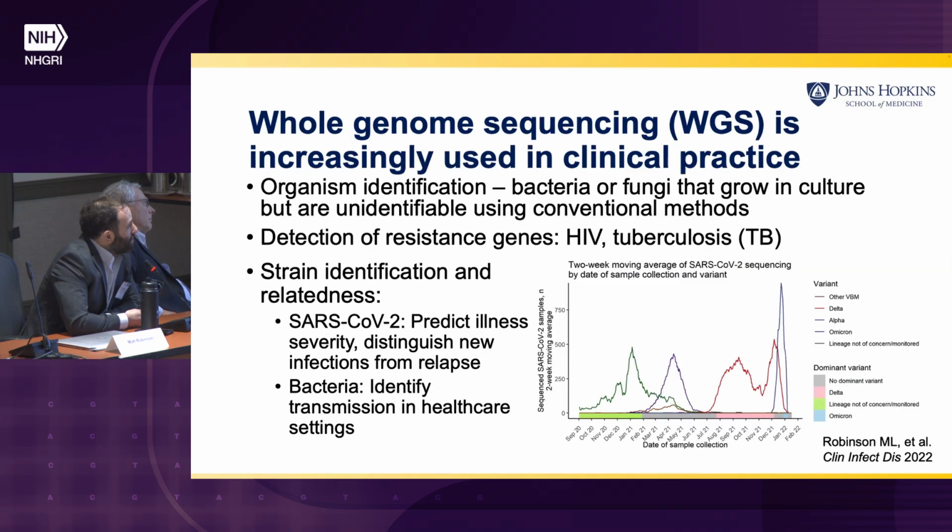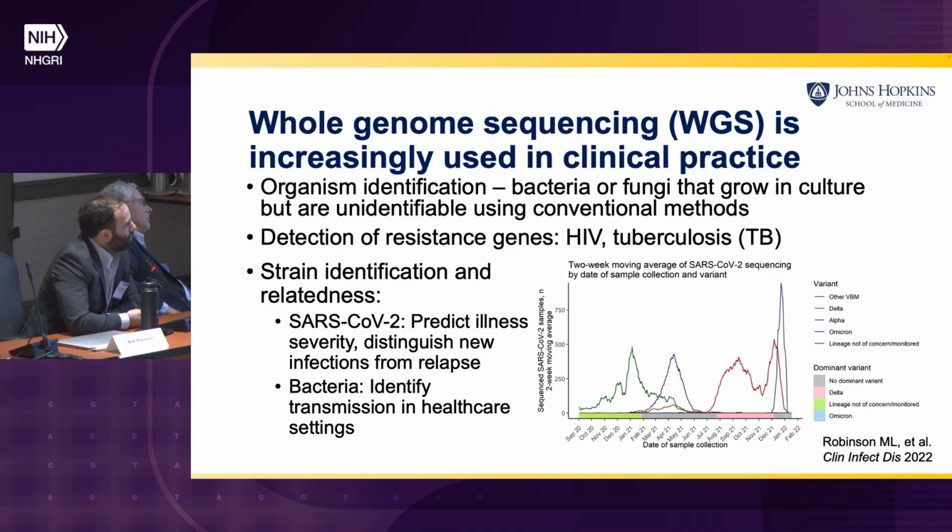Whole genome sequencing is increasingly used in clinical practice. When the lab identifies bacteria or fungi that grow in culture but are unidentified by conventional methods, whole genome sequencing is frequently used for diagnosis. I'll talk briefly about how we can use it to identify resistance genes. For HIV, this has been done, like I mentioned, for 25 years, but for tuberculosis, this is more recent.